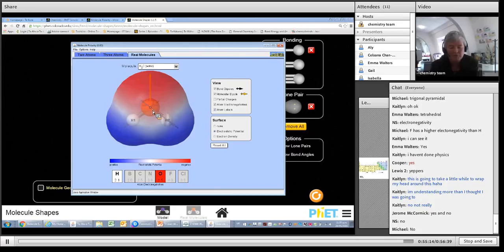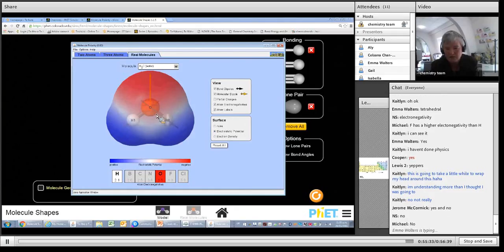So what do I mean by plane of symmetry? Basically, if you take a knife and you cut through the central atom along a bond or exactly between bonds, the mathematical term is bisect. Do you know what I mean when I say bisect?